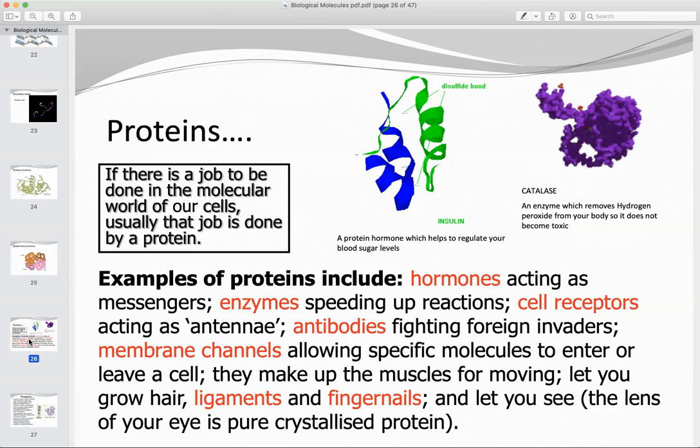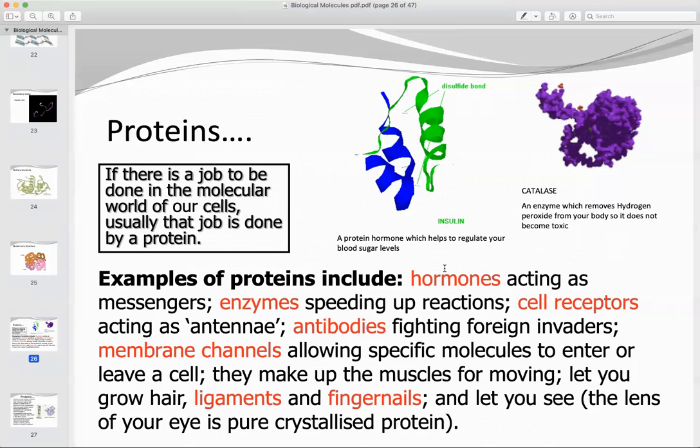Examples: hormones. Hormones are proteins, okay? They function by acting as messengers. They send messages, okay? An example of a protein hormone is insulin, right? You've all heard about insulin before. Insulin is a product that our body produces in order to regulate our blood sugar, right?